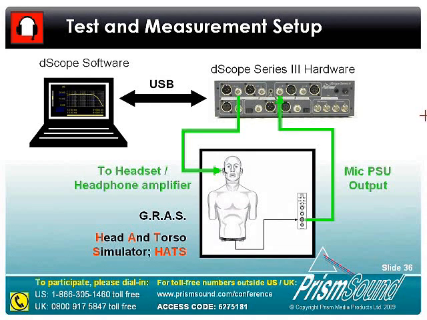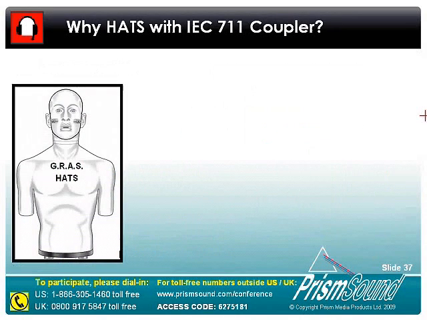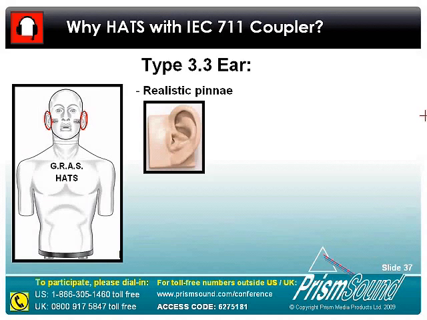Now, let's just take a look at why we would need to use a head and torso simulator. And I've alluded to that as I was talking through the previous slide. But just to confirm, the Grass head and torso simulator comprises what we call a Type 3.3 ear. And that has realistic pinnae that have representative dimensions and material properties to closely mimic those of the average human ear.